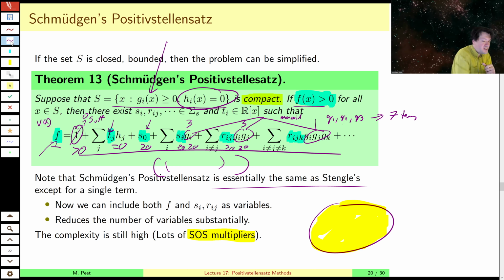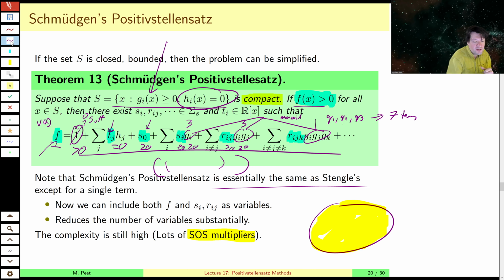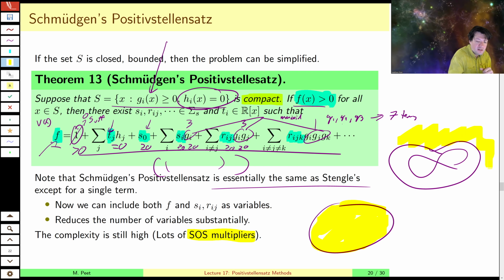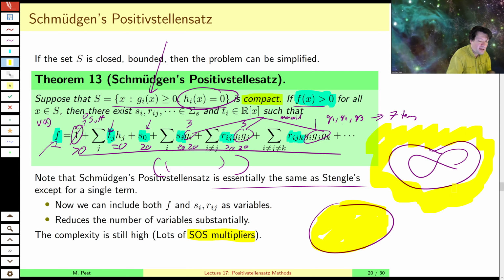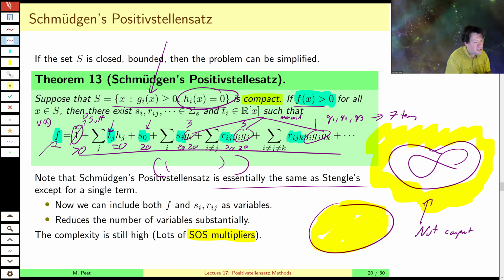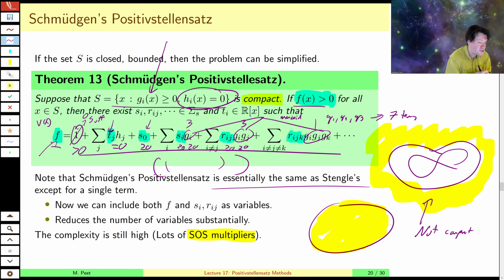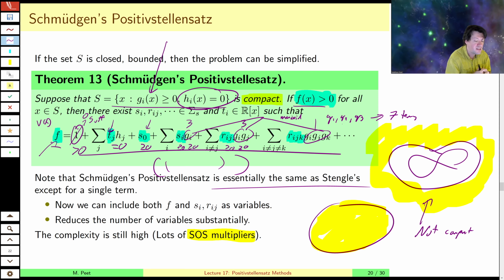This becomes more of an issue when you're trying to prove invariance of sets. So remember the butterfly set, where we were looking for a Lyapunov function outside of a manifold. So we were looking for a Lyapunov function outside of this set. And in that case, the set which you're searching over is not compact. And so when you're doing invariant sets, we have an issue that you can't really apply Schmudgen's Positivstellensatz because the set you're searching for positivity over is not compact.